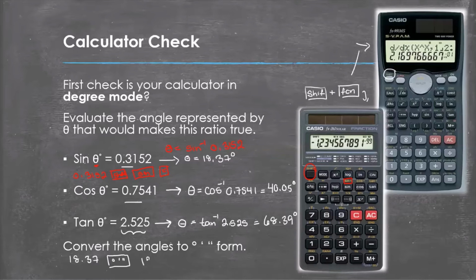And you would get 18 degrees, 22 minutes and 12 seconds. Sorry, I'm having a hard time concentrating on two things to change. So that's for the very first one. For this one, it's equal to 40 degrees, 3 minutes and 12 seconds.